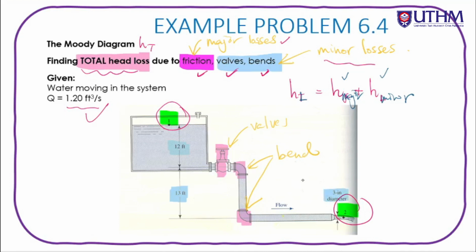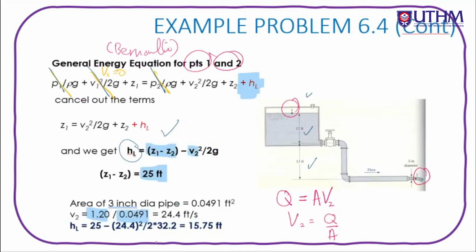3 inch diameter. Based on the 3 inch diameter pipe, we get the area 0.0491 feet square. The area, as we know, is pi r square.